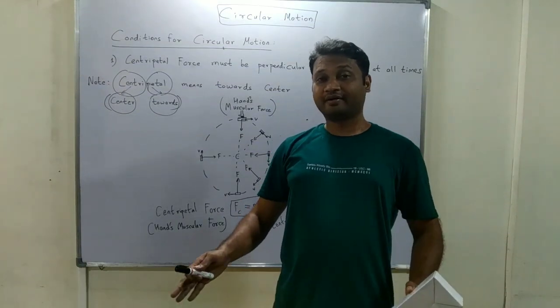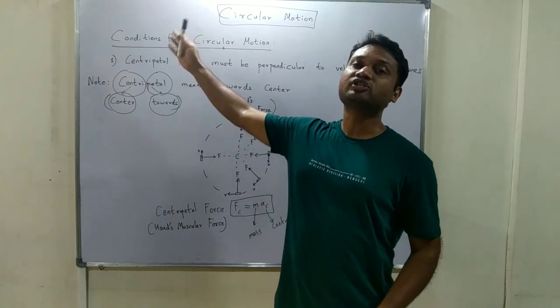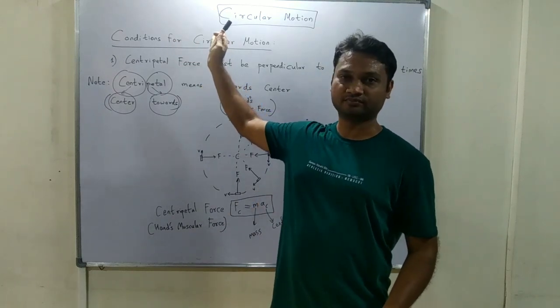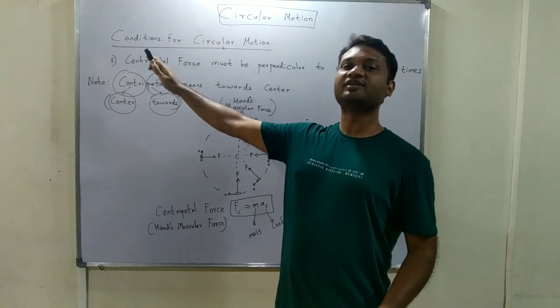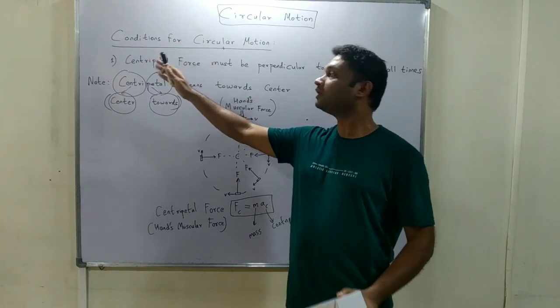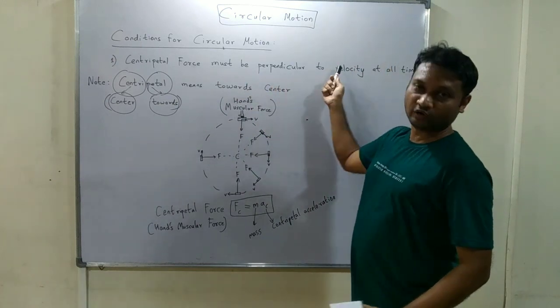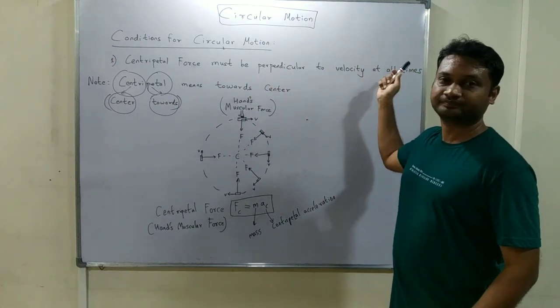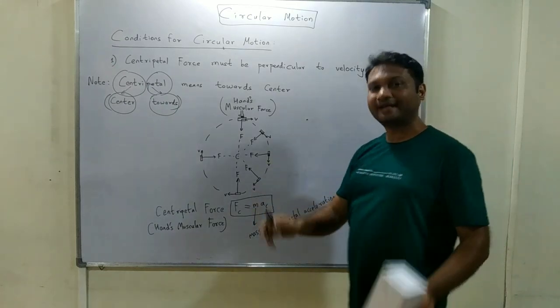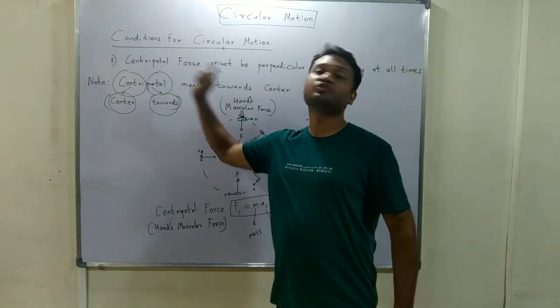Let us now understand the conditions for circular motion. The condition for circular motion is centripetal force must be perpendicular to velocity at all times. First, let us understand what centripetal force means.